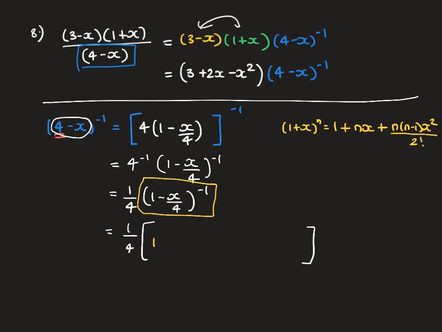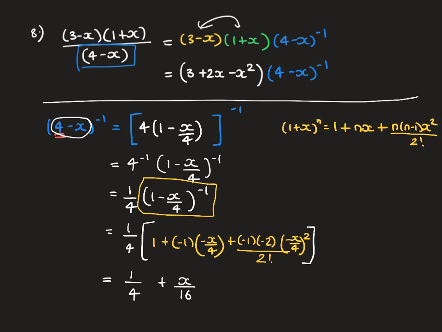So that's 1 plus n times x, where x of course is replaced by negative x over 4, plus negative 1, negative 2, negative x over 4 squared over 2 factorial, and let's simplify. So we end up with 1 quarter plus x over 16 plus x squared over 64.